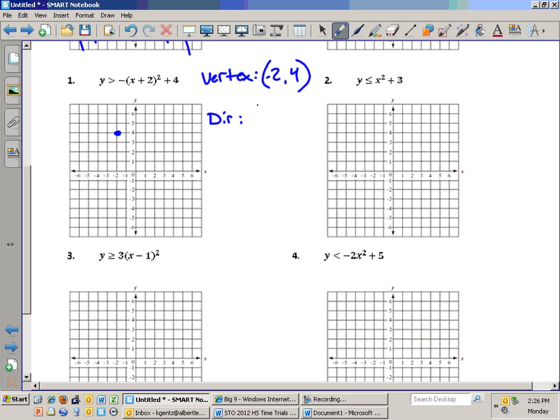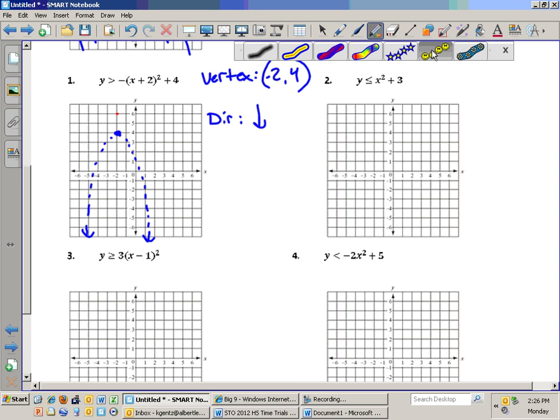It goes down. Is it solid or dashed? It's a dashed graph. There's my graph. In order to see which side I shade, I put my pen on the vertex. It says y is greater than, so I move up. And when I move up, I'm on the outside. Because I'm on the outside, I shade the outside.